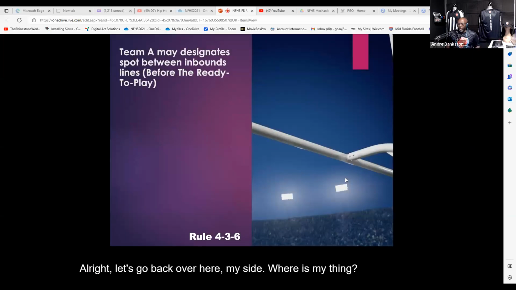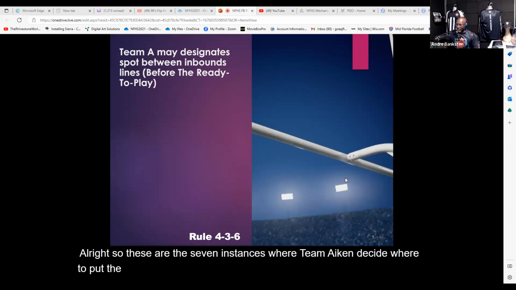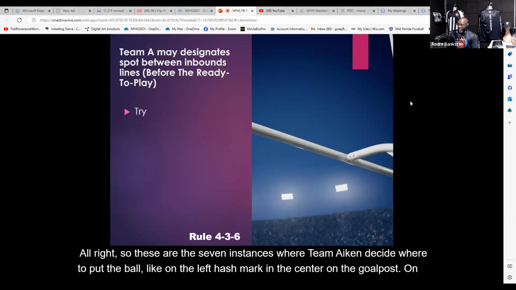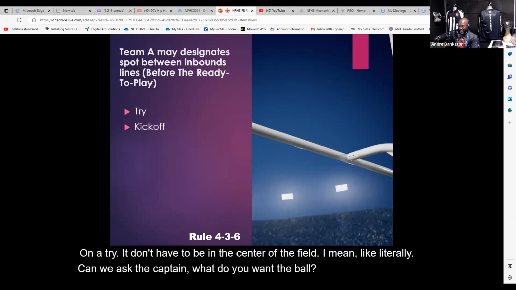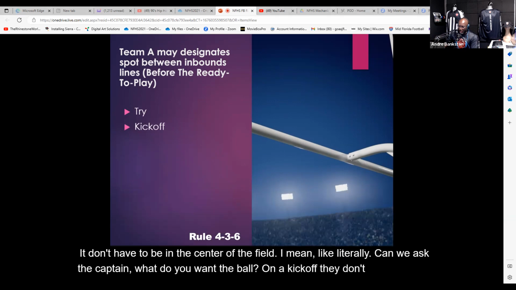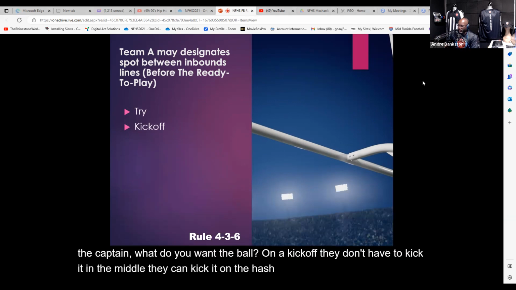All right. So these are the 7 instances where team A can decide where to put the ball, like on the left hash mark, in the center, on the goalpost. On a try, it doesn't have to be in the center of the field. Literally, we can ask the captain, where do you want the ball? On a kickoff, they don't have to kick it in the middle. They can kick it on a hash mark if they want.